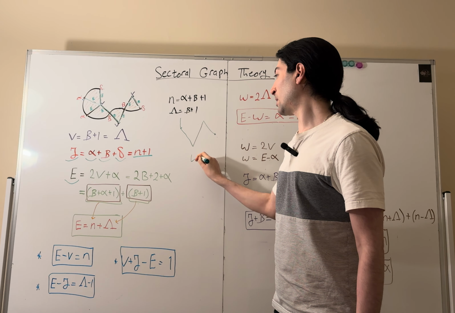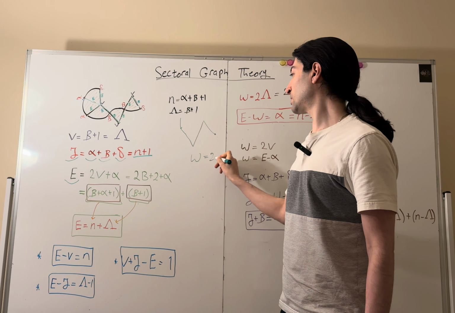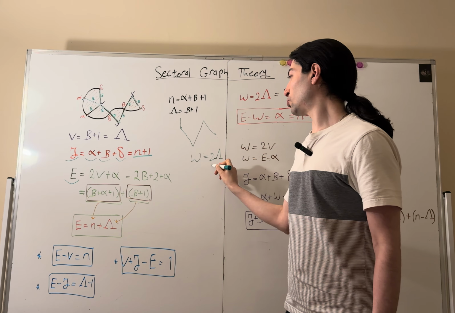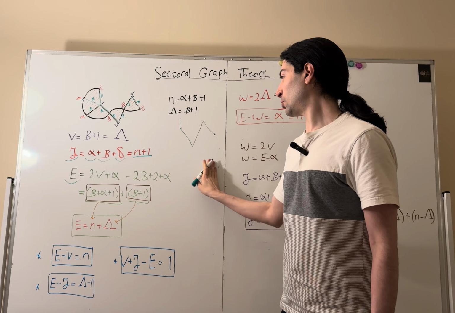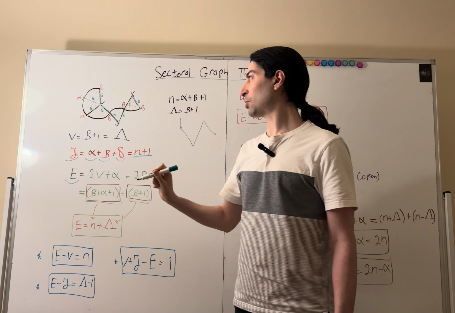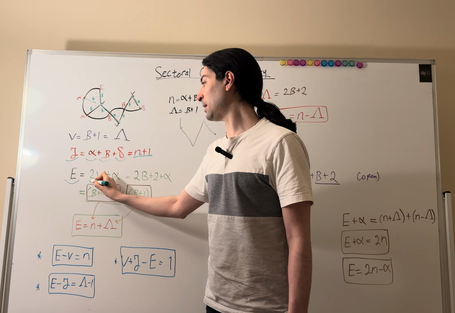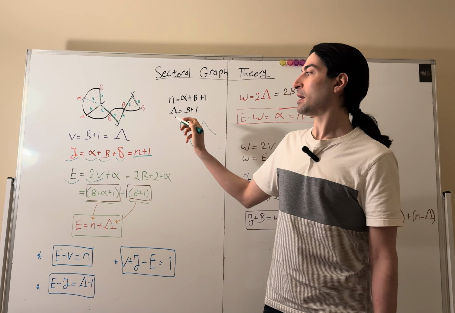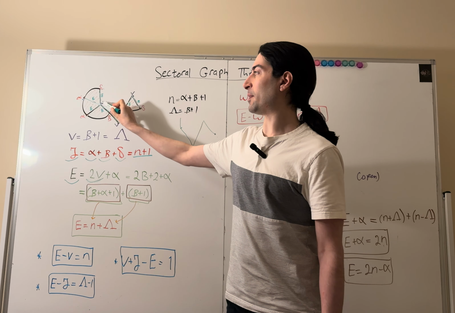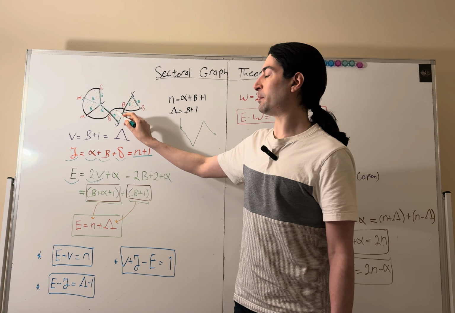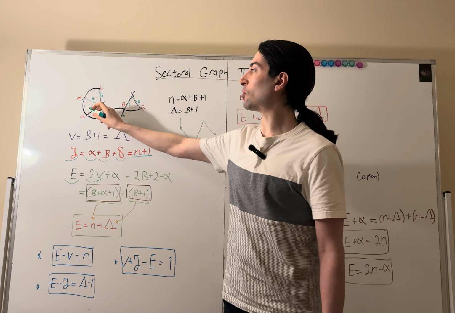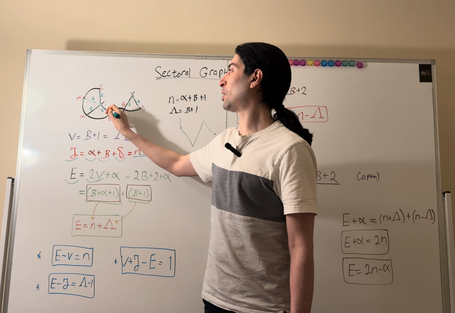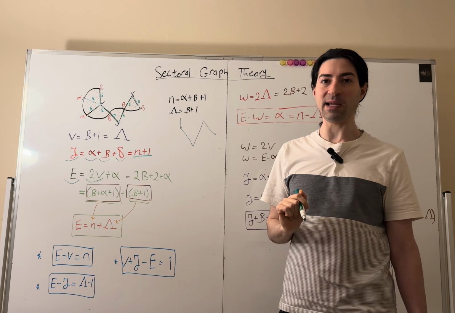And we know that W is equal to 2 times lambda, which is also 2 times V. So we will say that the total number of edges is equal to 2V plus something else is missing. What is missing? So the walk is entirely determined by the beta joints. Basically it ignores the alpha joints, walks over them, and walks through the beta joints only.